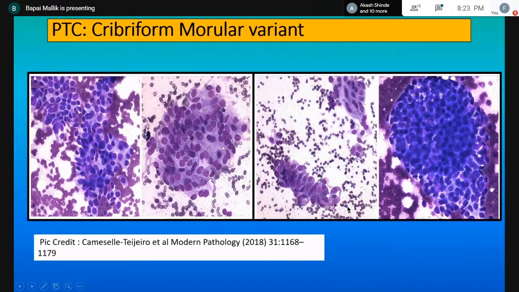So there are these cell-free areas, okay? And then there are some areas where these tall cells are present, and these balls of cells, these are the so-called morules, which should catch your attention if you come across one such case. If they are positive for beta-catenin in the nuclei, it is going to help. So if you see something like this, think of these possibilities, take the history, and do a beta-catenin stain.